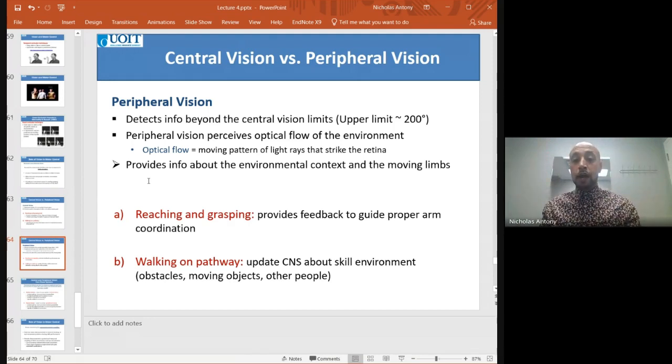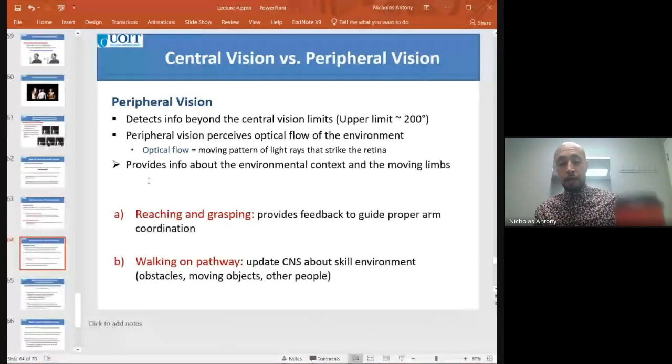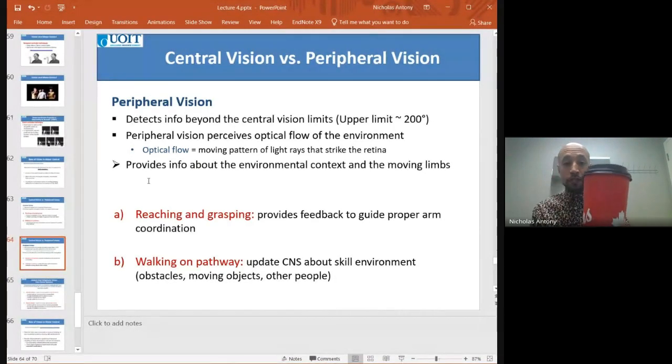When we are doing a reaching and grasping task, let's say I'm reaching for this cup, my central vision is focusing in on the cup, but my peripheral vision is looking at things that are moving in the environment. So it's giving me feedback from the movement of my arm, telling me if there are things in the environment that could potentially make the cup move. Peripheral vision is giving us motion, whereas central vision is giving us specifics of the object.